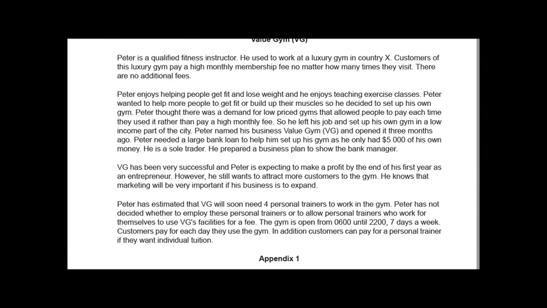First up, okay, so he's a qualified fitness instructor, used to work at a luxury gym. They paid a high monthly membership fee for no additional fees. Okay, this is what he enjoys. He enjoys teaching exercise classes. Okay, so there's a demand for low price gyms. He left his job.